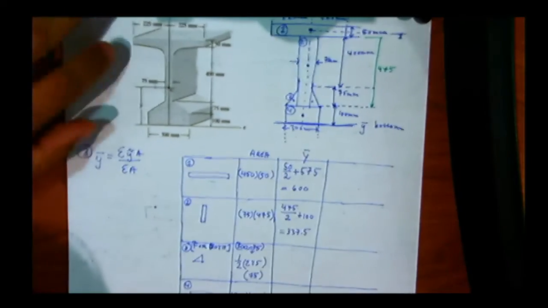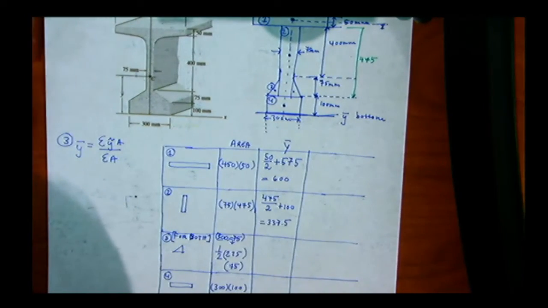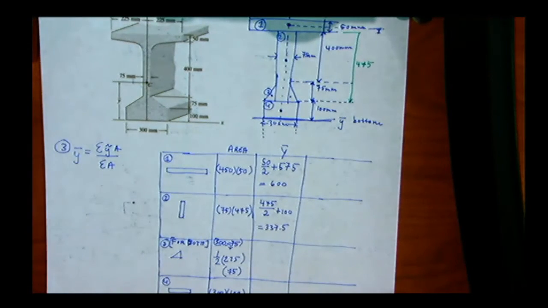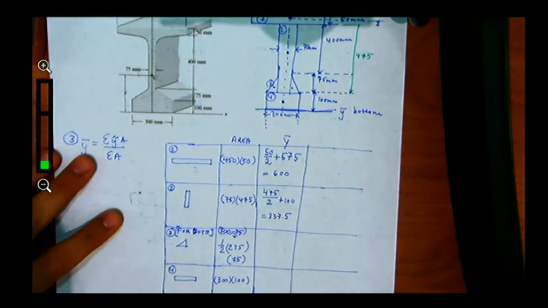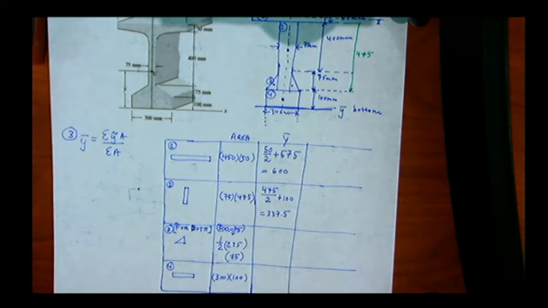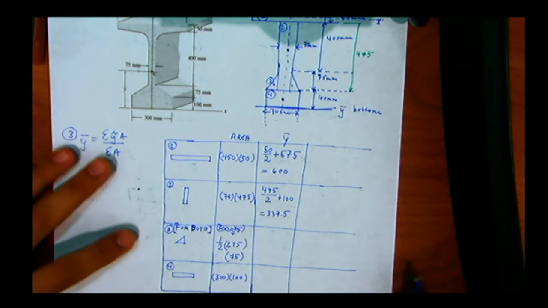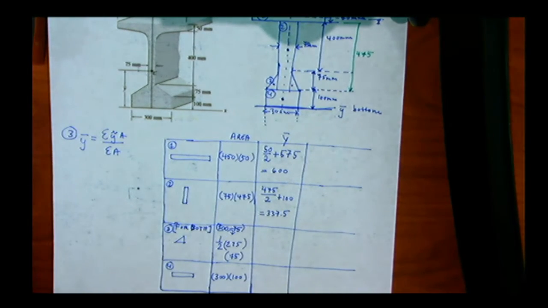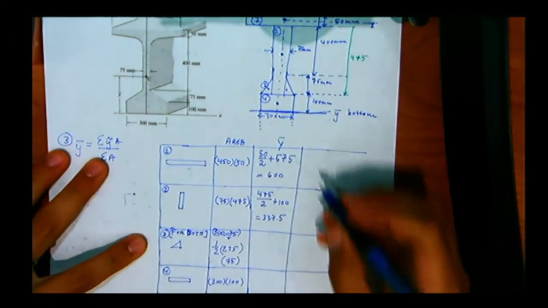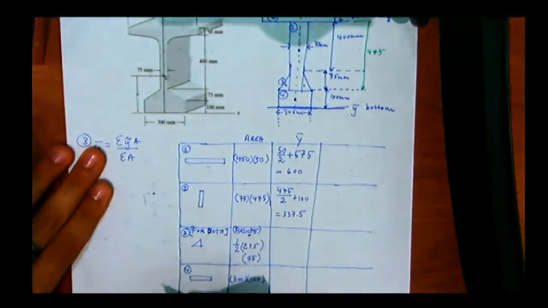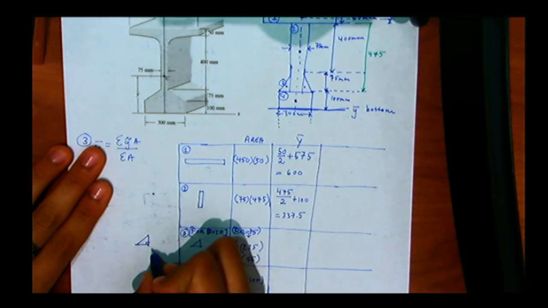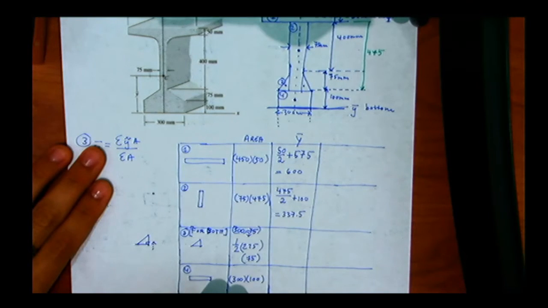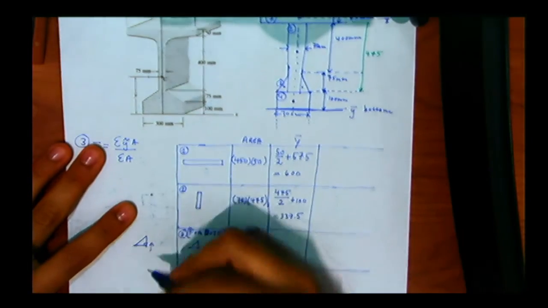Okay, so now we need our triangle. Let me draw a triangle separately. We need this distance. If we're going to this side, it'd be 2/3, but we need that little section right there, a third, so we can add it to that 100.